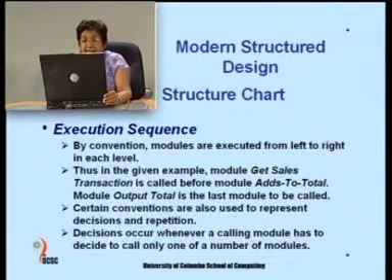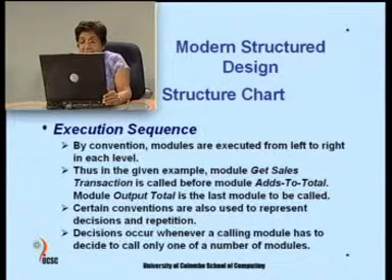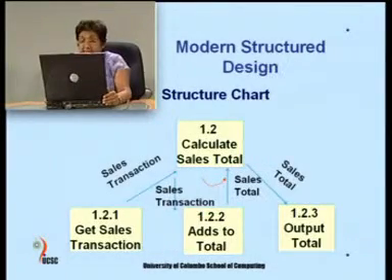In the given example, module get sales transaction is called before module adds to total. Module output total is the last module to be called. Certain conventions are also used to represent decisions and repetition. So, when we look at this diagram again, I told you about this curved line with an arrow that indicates a repetition, because there will be a number of sales transactions which have to be added together to find the sales total.